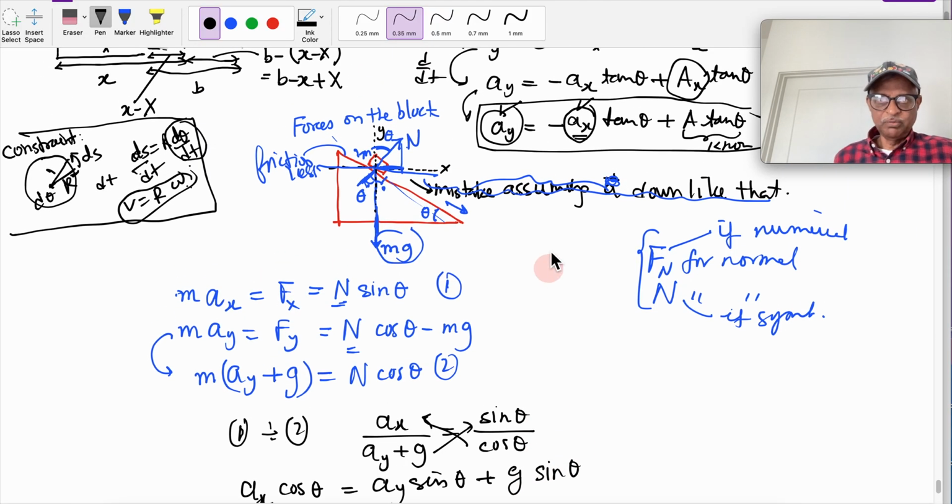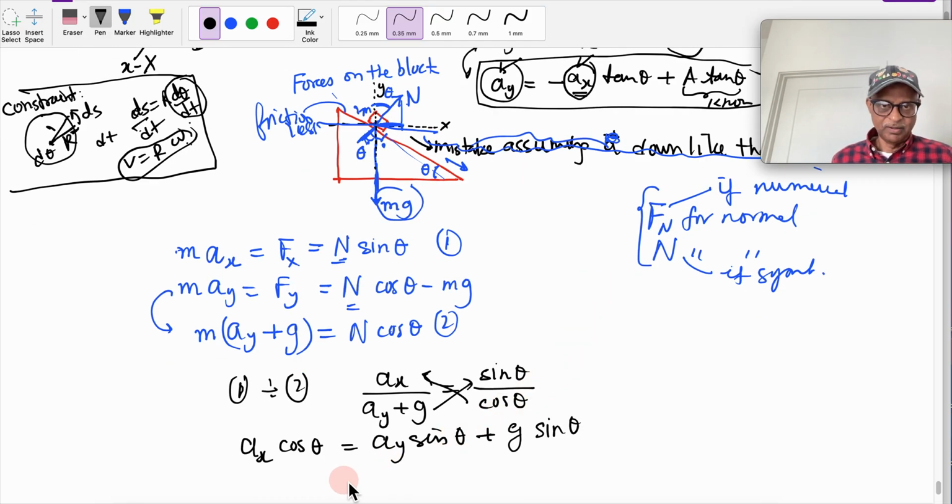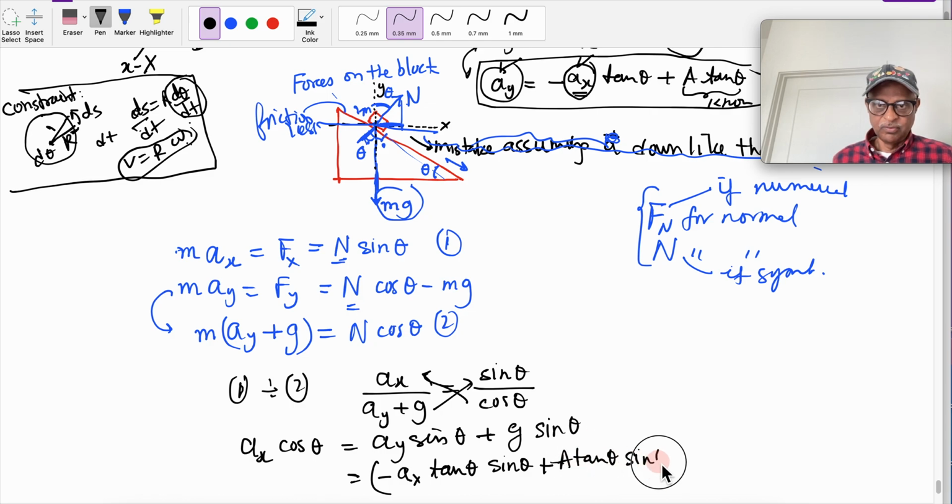Now we already know ay is minus ax tan theta, so it becomes minus ax tan theta sine theta plus a tan theta sine theta plus g sine theta.